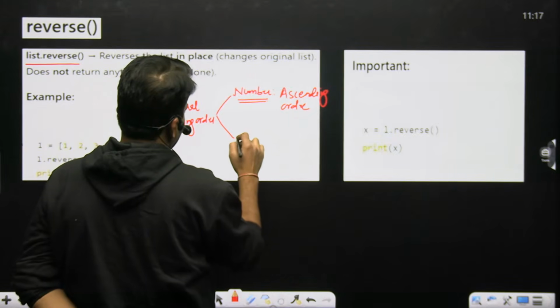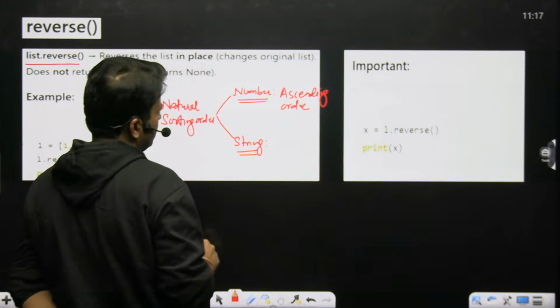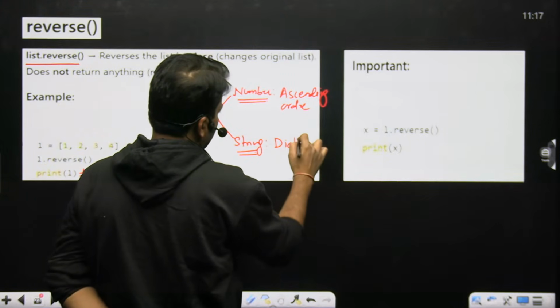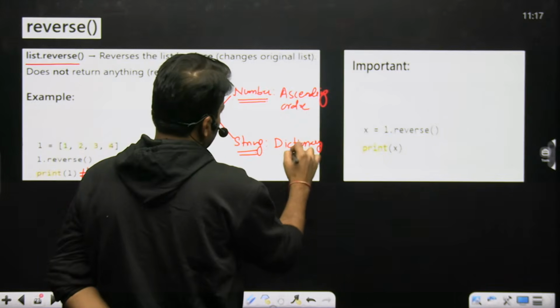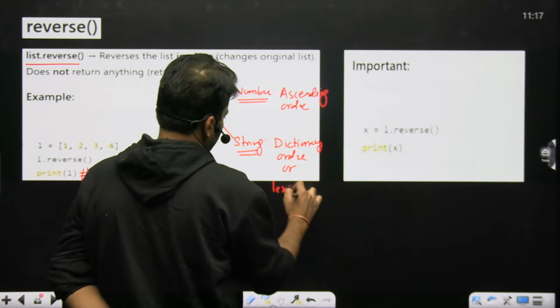And for strings, the default natural sorting order is just like a dictionary order, or we can say lexicographical order.